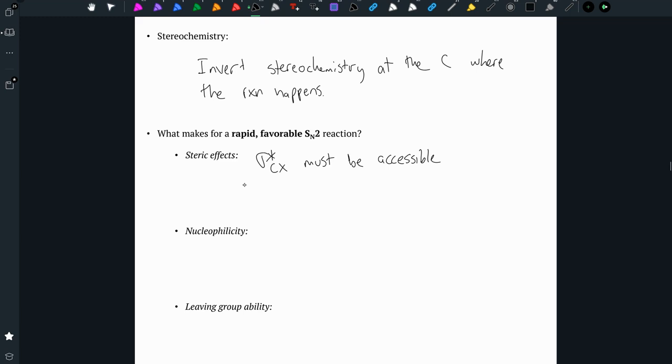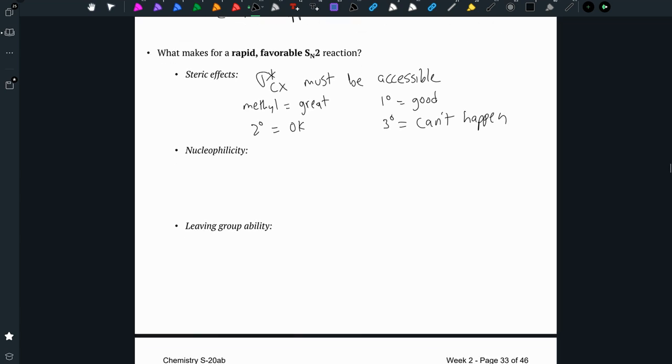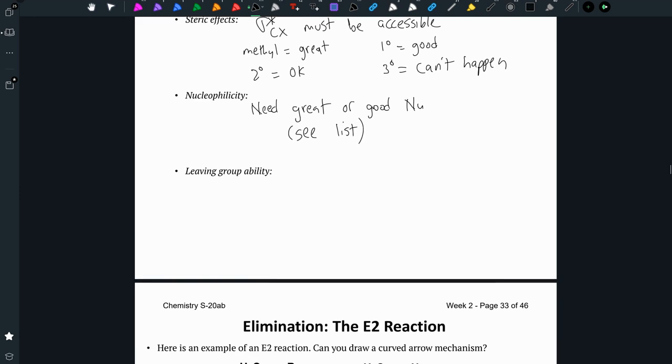So methyl is great, primary is good, secondary is okay, tertiary can't happen. You need a good nucleophile, and you can see the list for which nucleophiles are good. And you need a good leaving group.